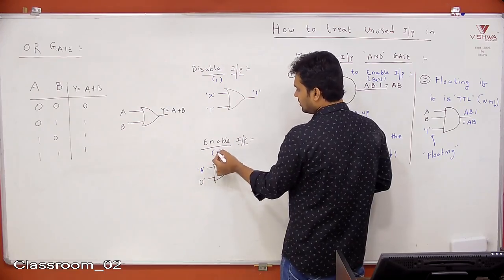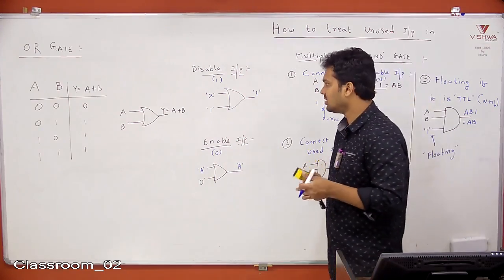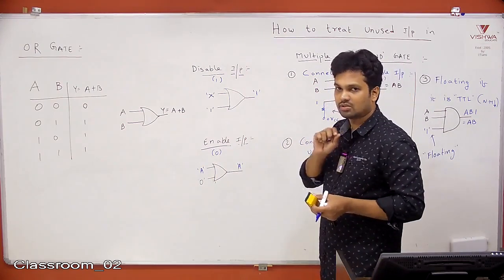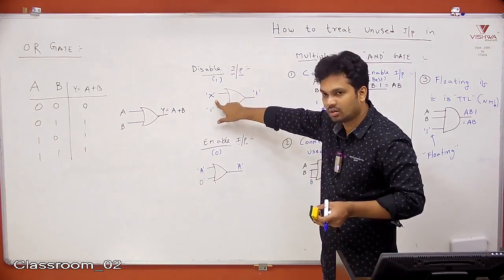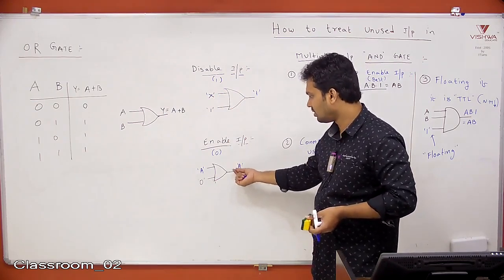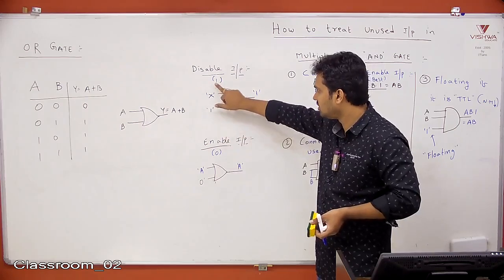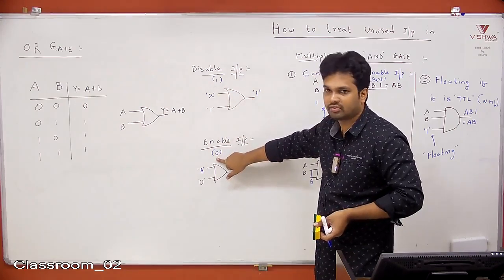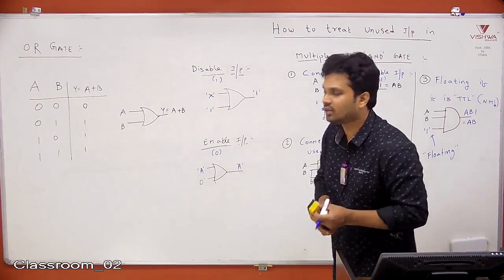So, here 0 is the enable input. It is reverse of AND gate. Please understand, enable disable doesn't mean 0 and 1. Disable means output constant irrespective of second input or other input. Enable means output is depending on the remaining inputs. Okay, so 1 is the disable, 0 is the enable input of OR gate, that is reverse of previous AND gate.